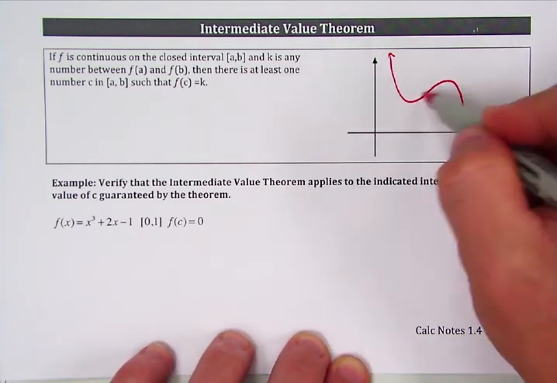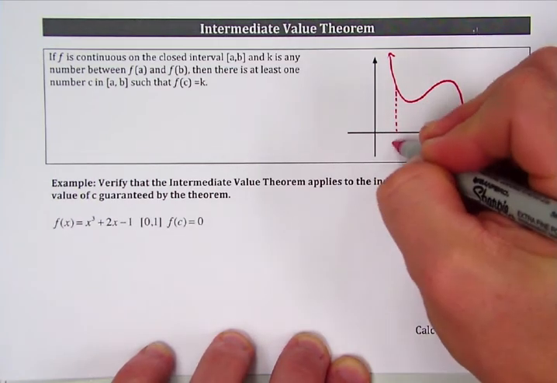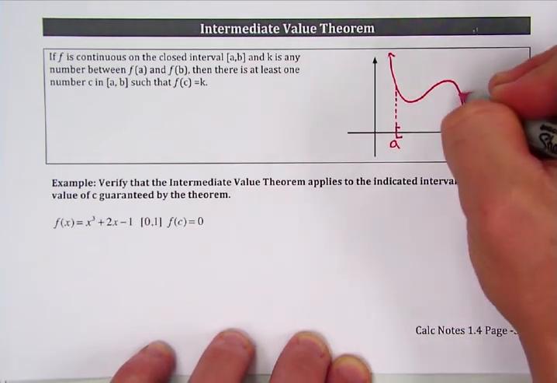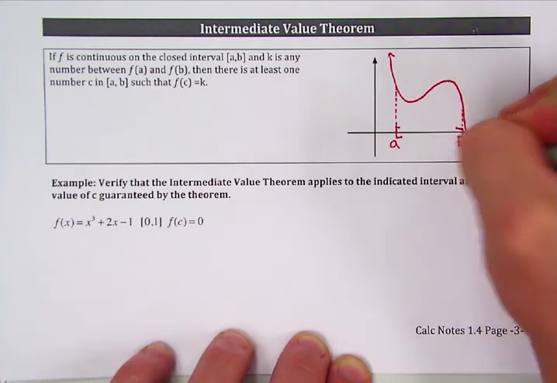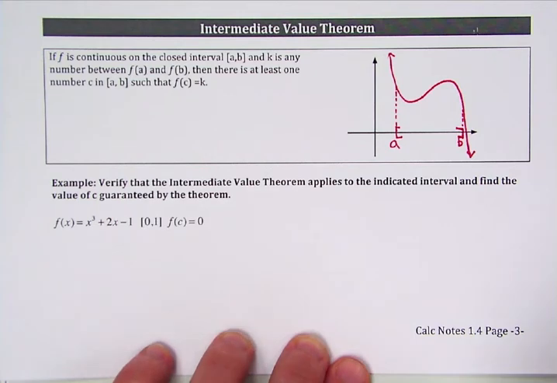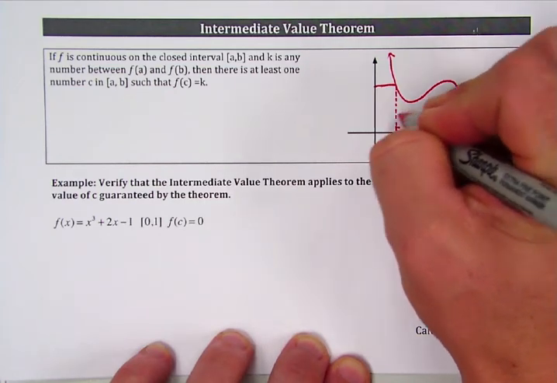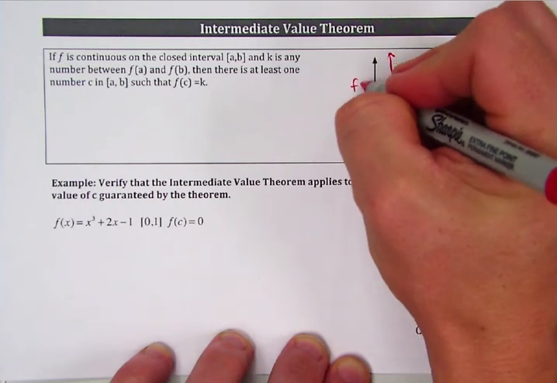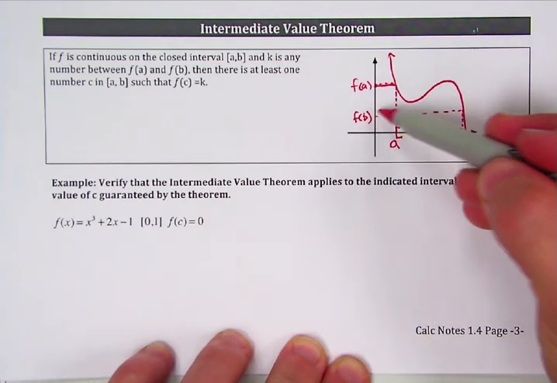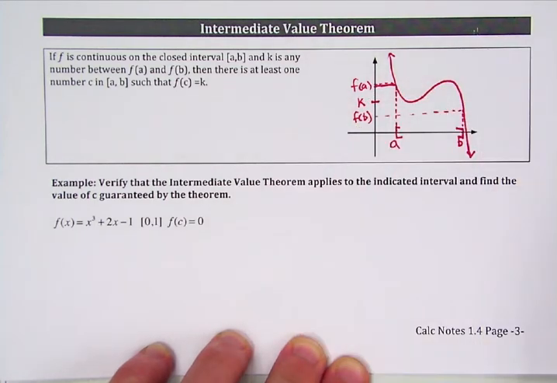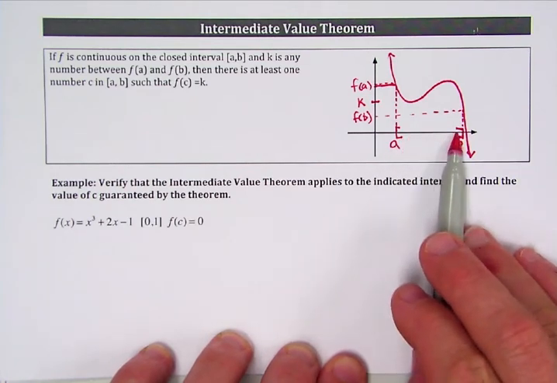And we're just going to say if this function is continuous on our closed interval a to b, that means if k is any number between f of a, right here, and f of b, so we can let k be anything between here, then there's at least one value c down here where f of c equals k.